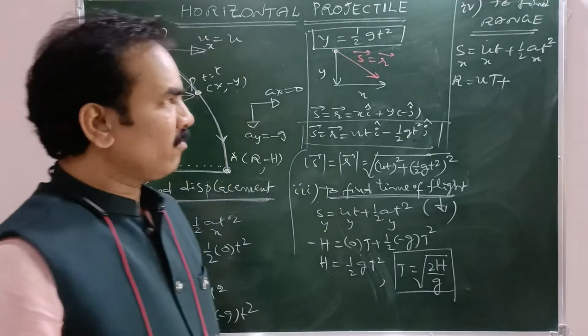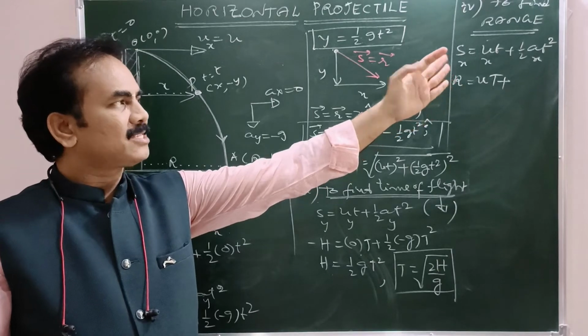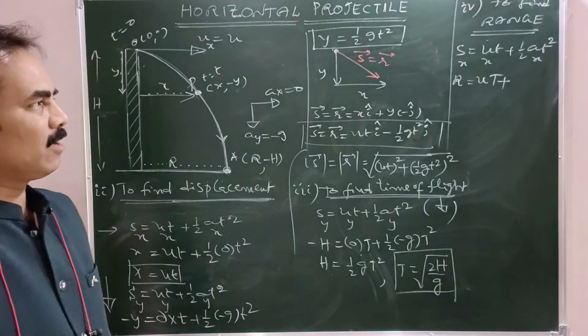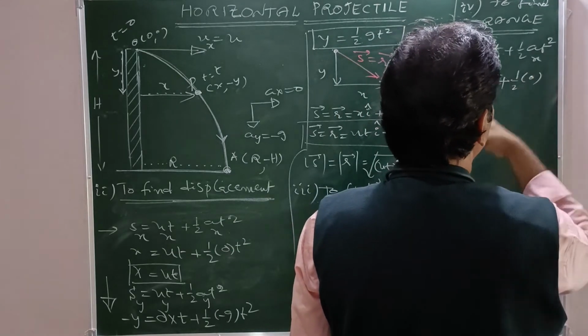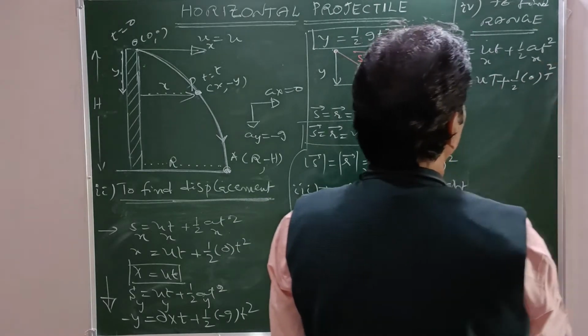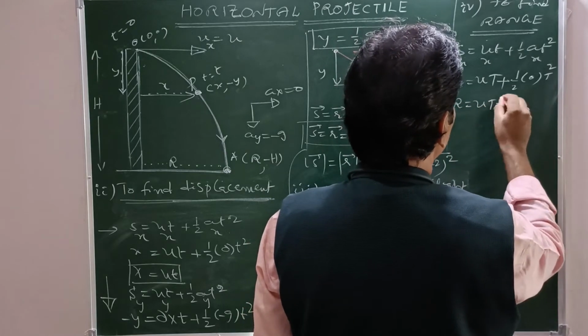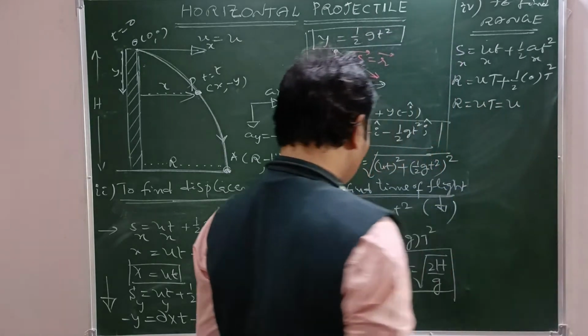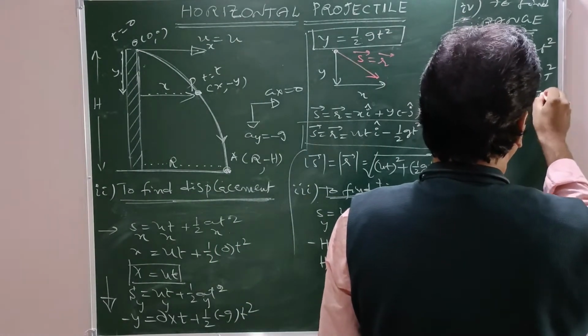Because while calculating range, we have to substitute time as time of flight, that is R equal to u capital T plus half into ax, which is 0, into t square. That is range equal to u into capital T, that is u into root over 2h by g.